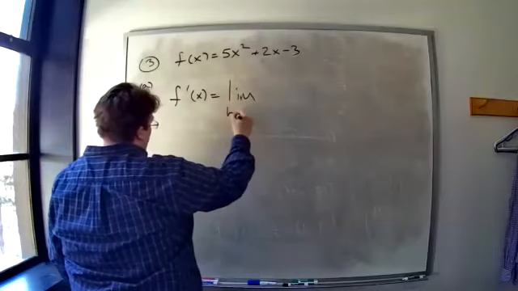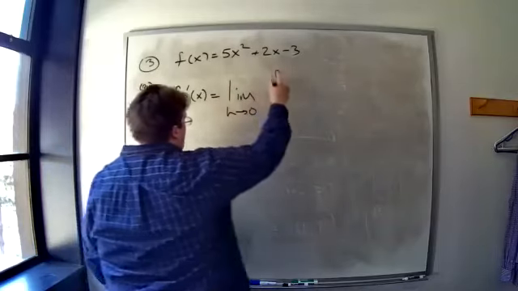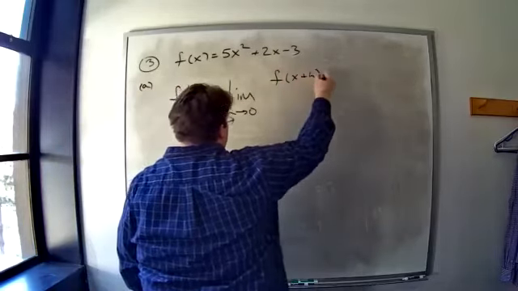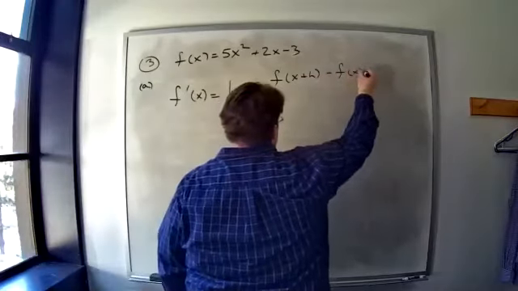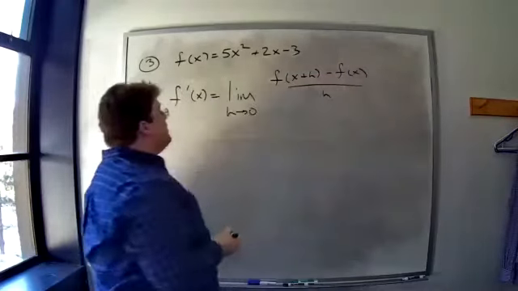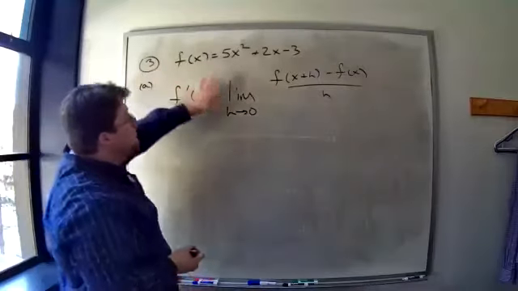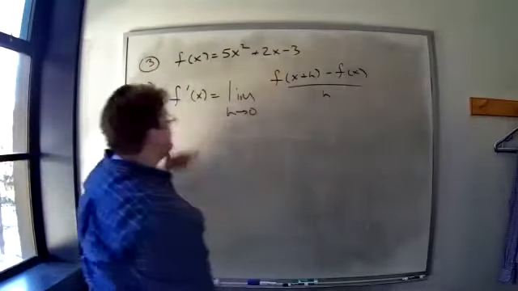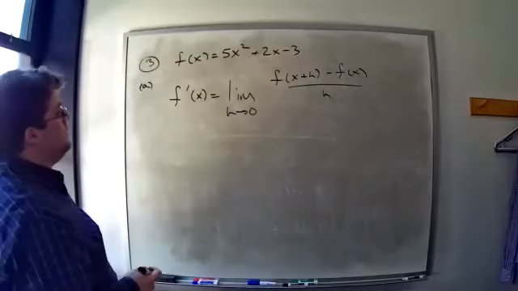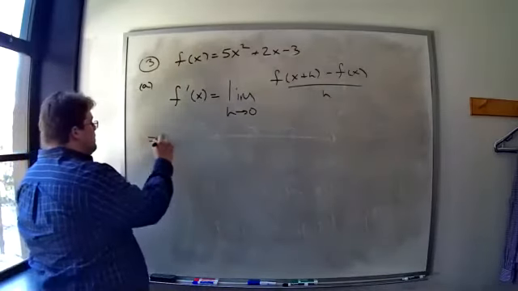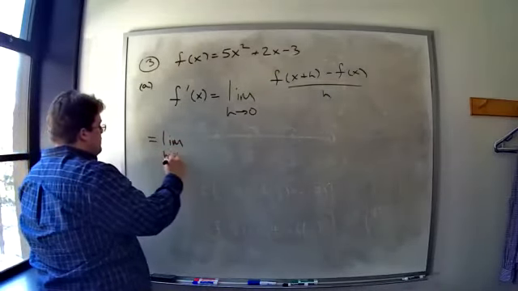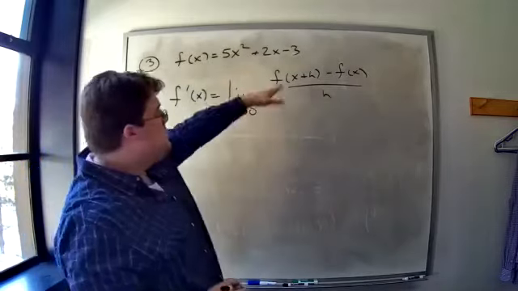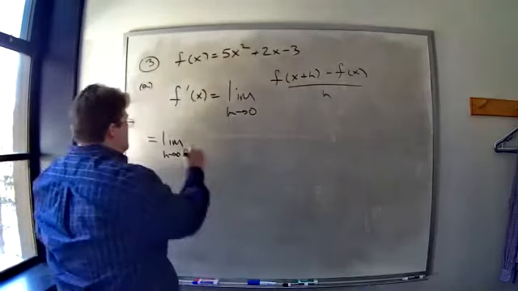Limit h to 0, f of x plus h minus f of x over h. So here we're using our original function in this equation to find a new function. Well, so what is this? Well, f of x plus h, replace all x's with x plus h.